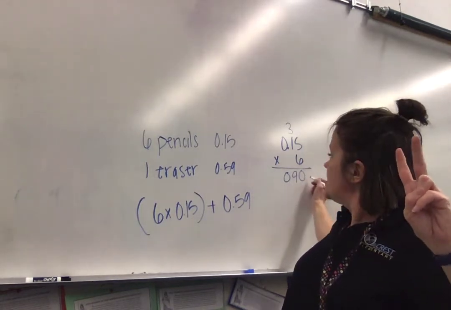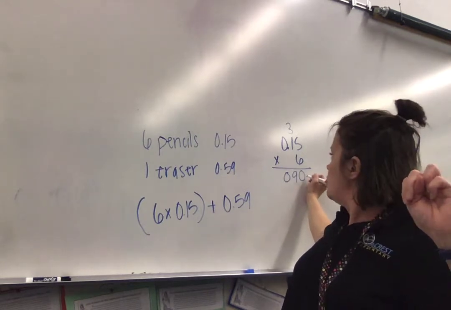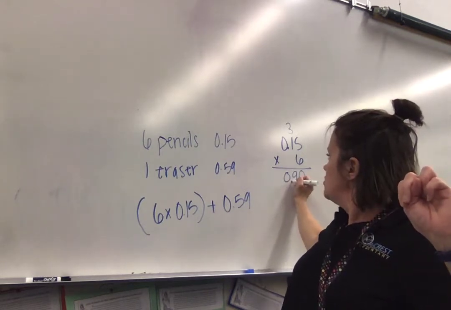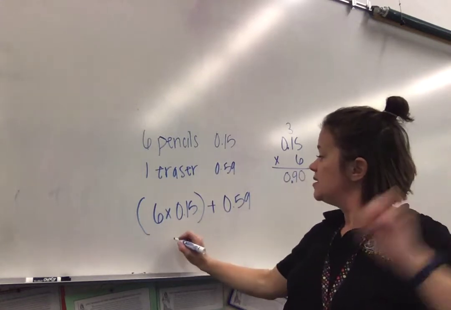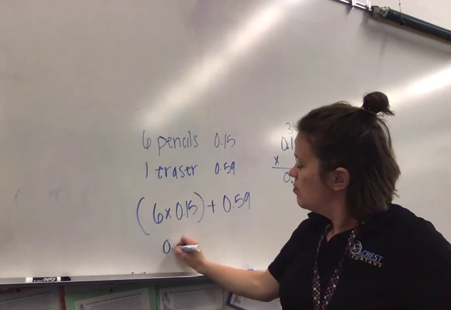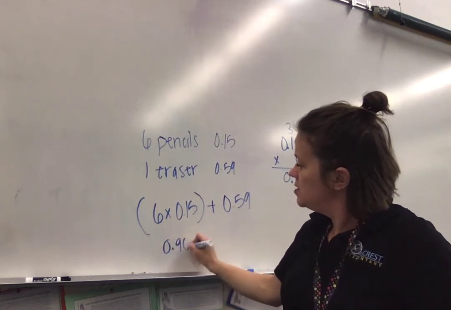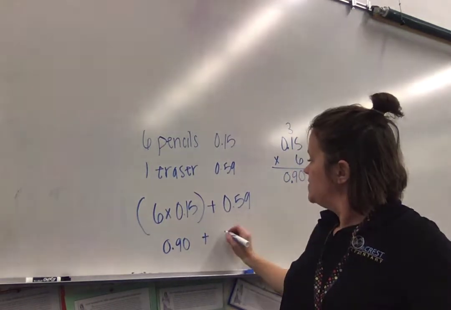So in my product, I have to make sure that there's 2 numbers behind a decimal. So that would mean that there's 1, 2. So there's my answer for this section, 90 cents, 0.90. And then I'm going to add my 59 cents.